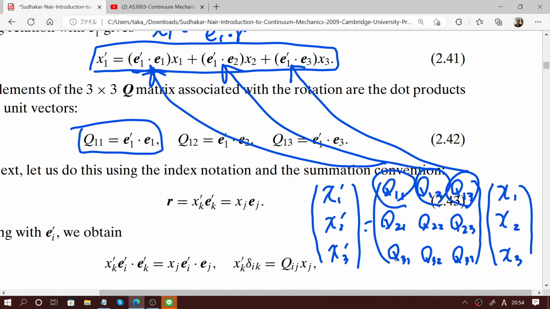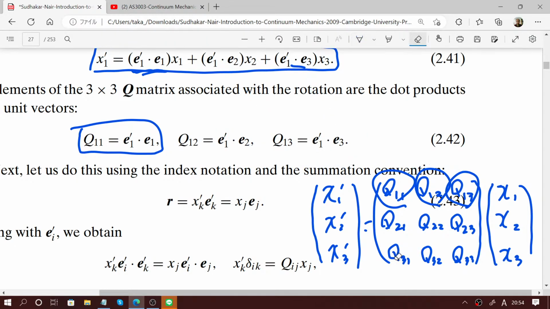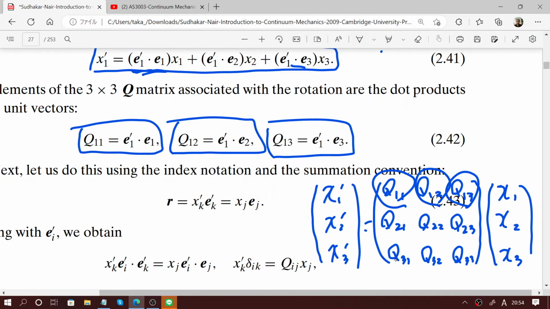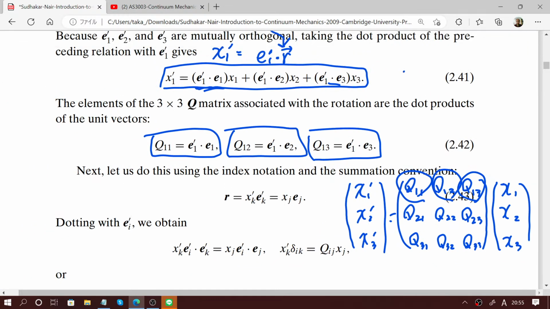So this identification is this one. Q12 is E1 prime dot E2, Q13 is E1 prime dot E3. Then next, let us do this using the index notation and summation convention.